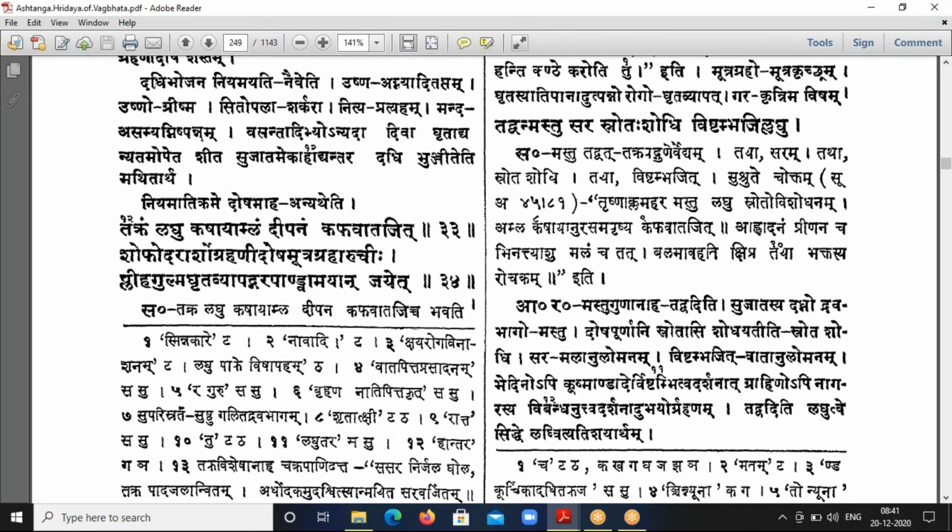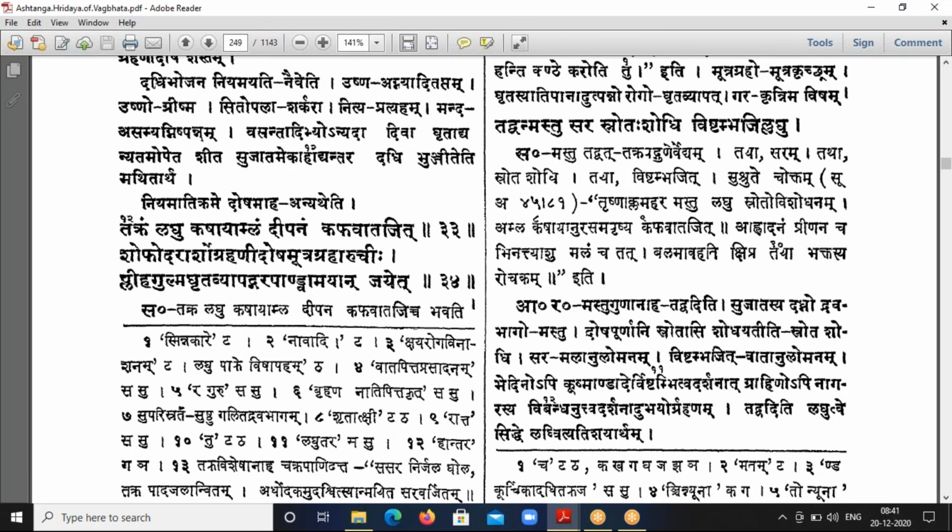Don't allow takram to go to the extreme phases of its amla paki or amlata. Let that kashayam predominate, then it can be used even in kshatam. So you have to advise the patient or his bystander or whoever it is to make the takram properly so as to suit the situation.